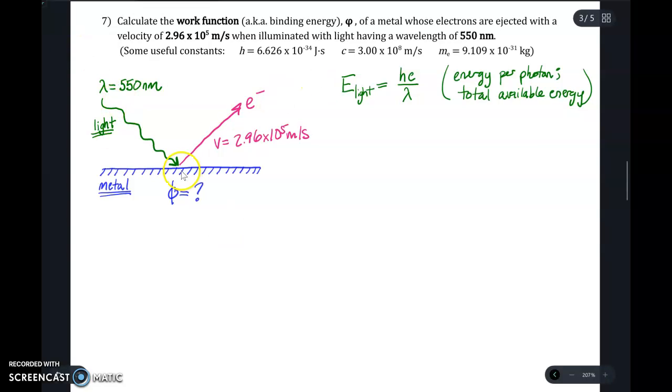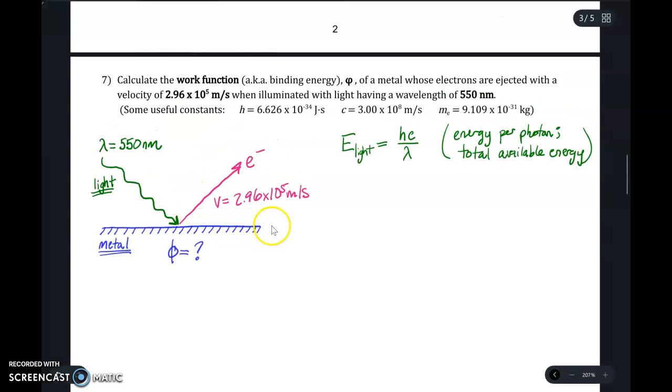Each photon has this amount of energy based off its wavelength, and we'll be able to calculate that with this equation. When that photon strikes the surface, it transfers all of that energy into an electron in the metal. That electron takes all that energy and uses it for two different things. One is the work function. It's going to pay the amount it needs to pay, basically, to eject itself from the atom.